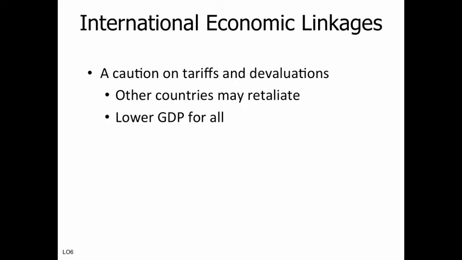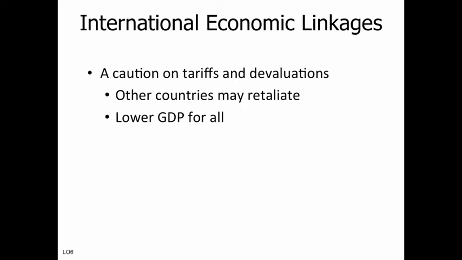So a good produced abroad that's coming into the United States will be taxed to make it relatively more expensive, to encourage the domestic consumer to purchase the good that was produced in the United States, which is now relatively cheaper. That is one potential option, but there's definitely some cautions with things like tariffs.